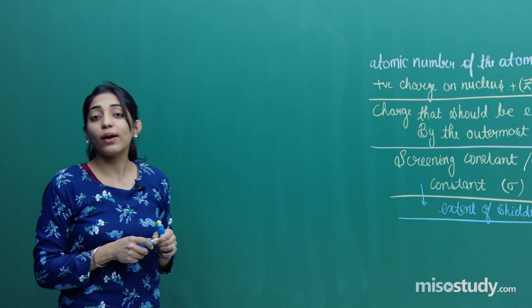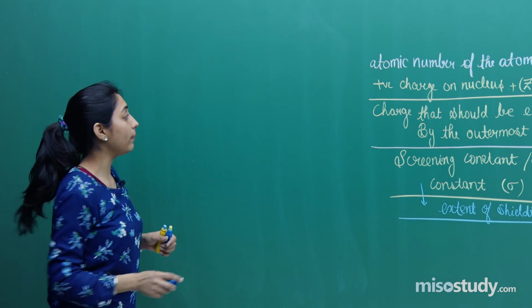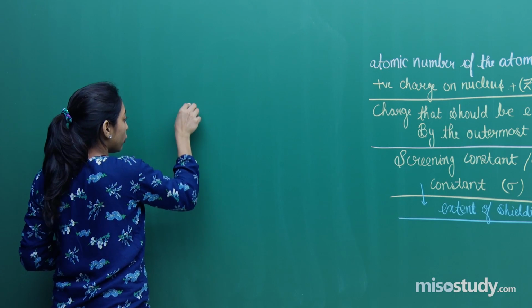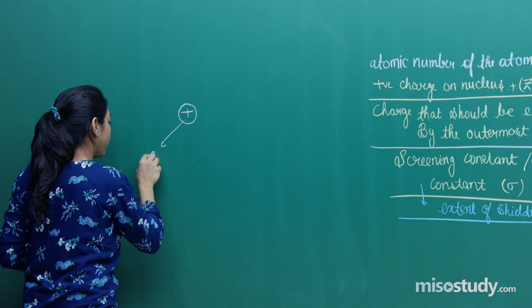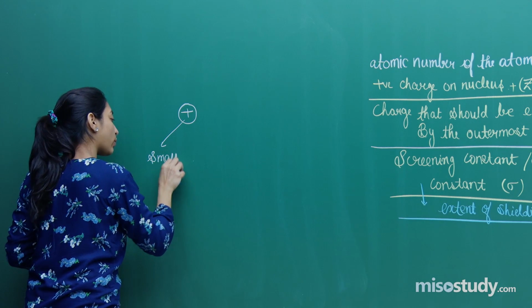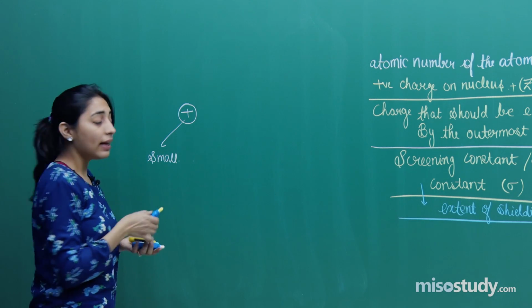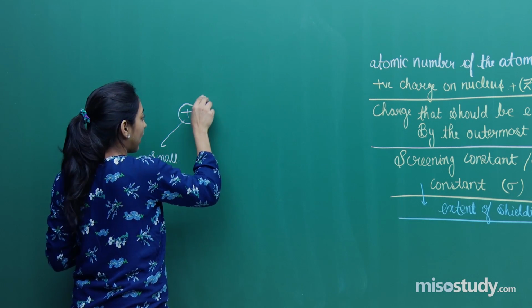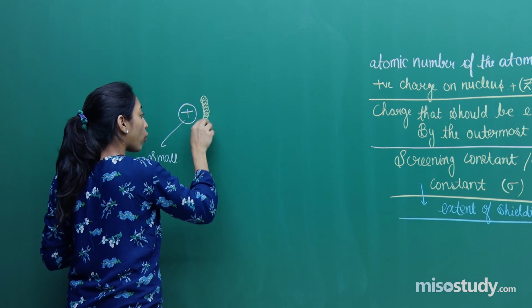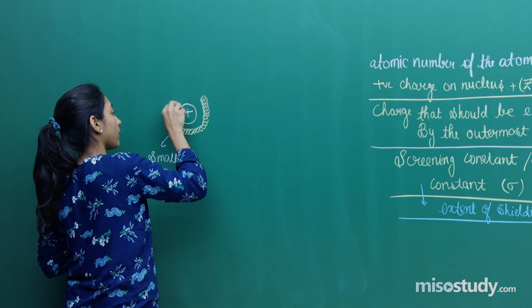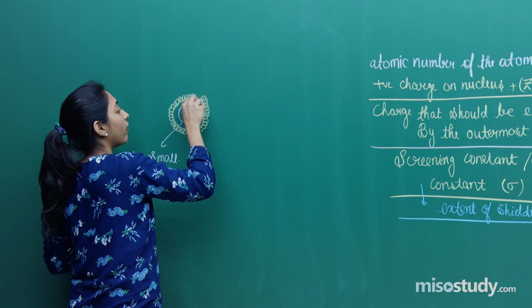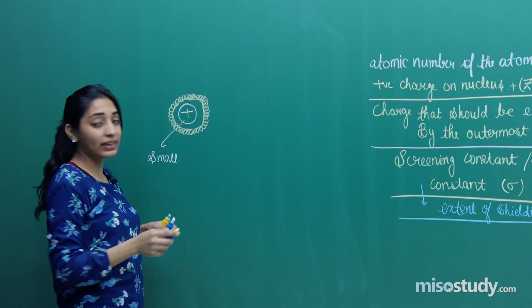One another thing that I want you to remember very carefully is that if this is the nucleus, and I told you this in the last class also, and the nucleus is quite small, then the electrons lying close to the nucleus can form a very effective shield. So they will have a very nice value of sigma.